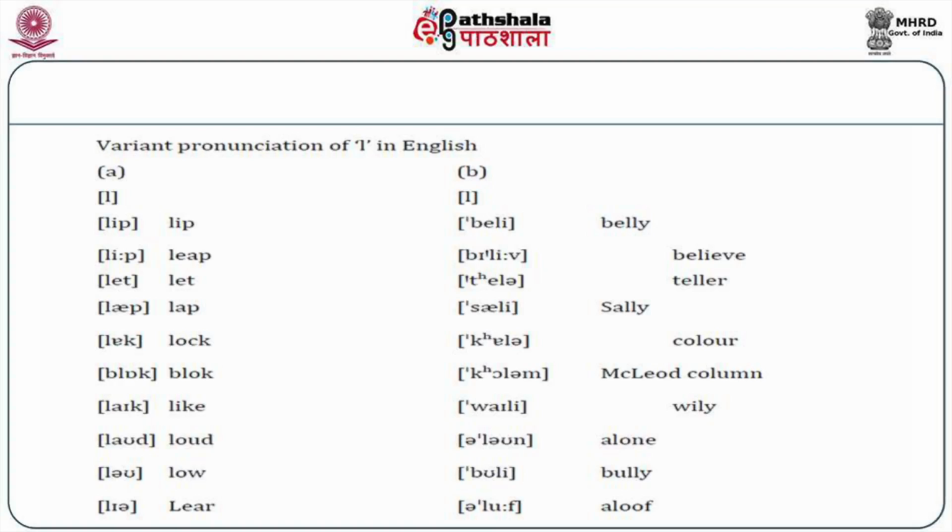In column B, all the L's occur between two vowels or between a consonant and a vowel. A consonant is different from the consonant that we find in the third column.